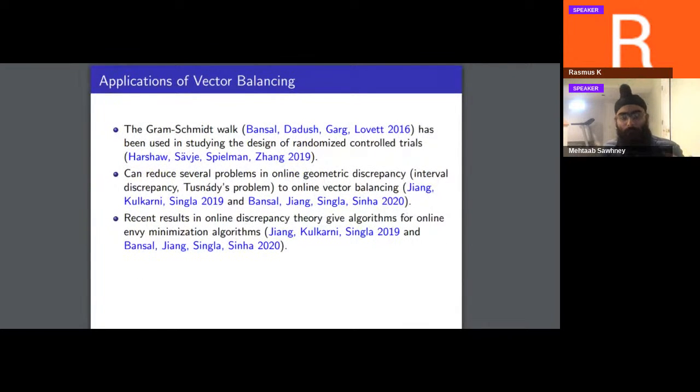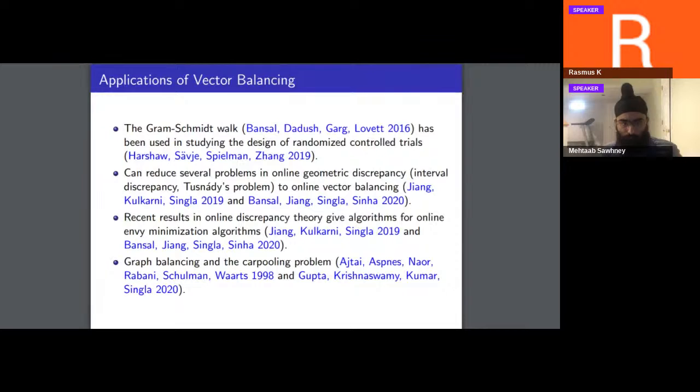Furthermore, they showed applications of the results they developed in online discrepancy theory to algorithms for online envy minimization. Next slide. And finally, there is work of Gupta, Kumar, Kulkarni, and Singla, where they showed a connection to graph balancing.